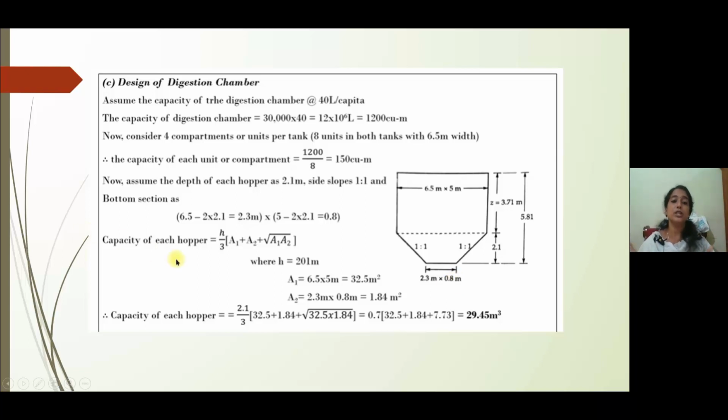Then capacity of each hopper. This can be calculated from the mathematical formula h by 3 into A1 plus A2 plus root of A1 A2. Here A1 is the total area, that is 6.5 into 5 meter, and A2 is the bottom section area, that is 2.3 into 0.8 meter, and the capacity of each hopper is 29.45.